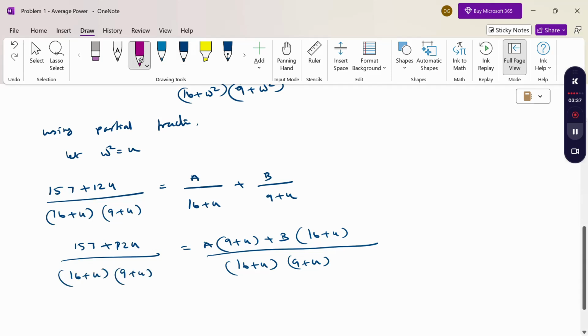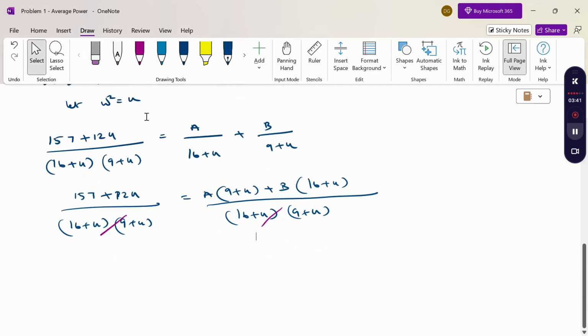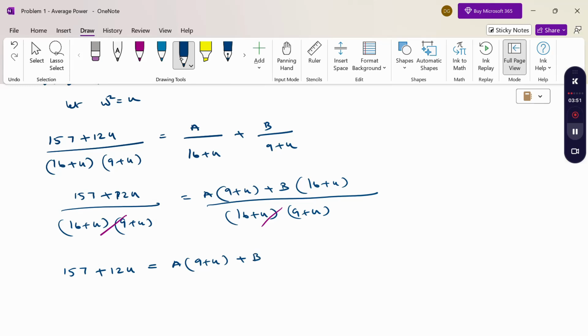Now cancel the common denominator. Therefore, 157 plus 12u equal to A into 9 plus u plus B into 16 plus u. Now our main aim is to calculate the A value and B value.